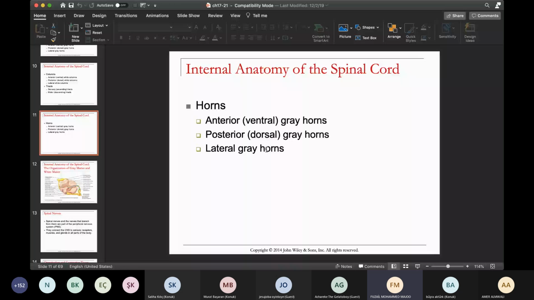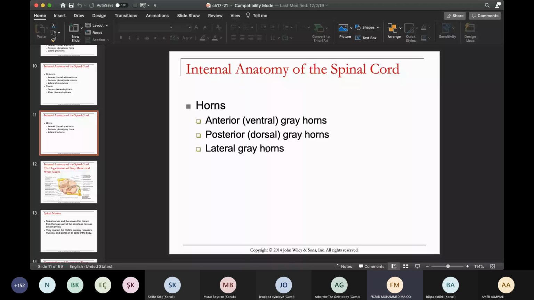So again, they're not going to be there in the cervical portion or the lower lumbar. The lateral horns contain cell bodies of autonomic motor nuclei, and these autonomic motor nuclei regulate smooth muscle, cardiac muscle, and the activities of our glands.